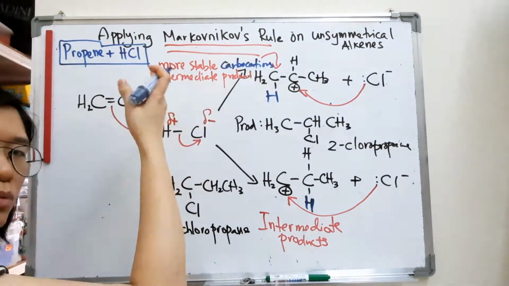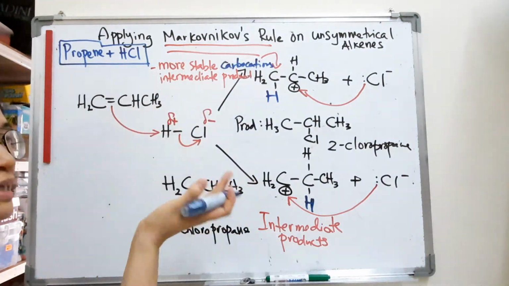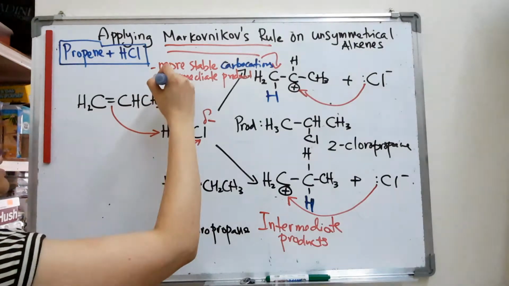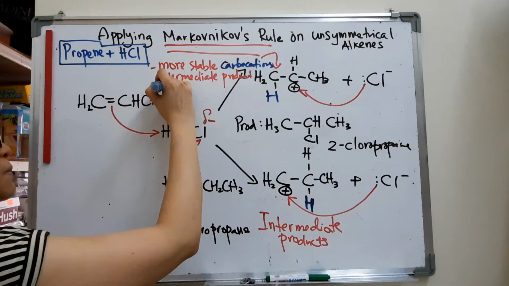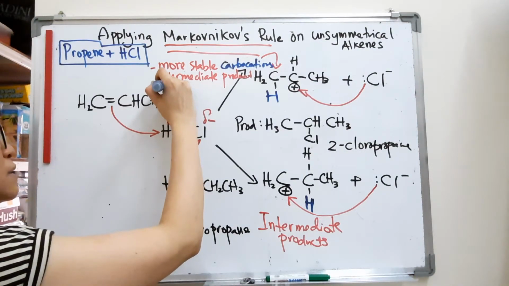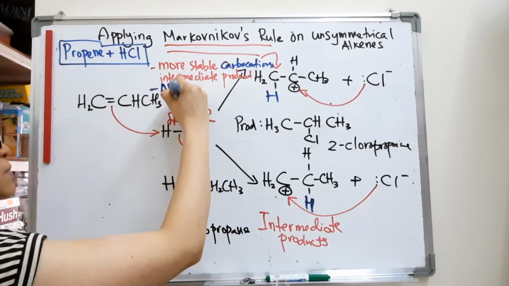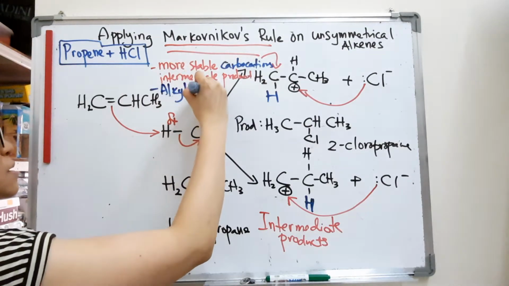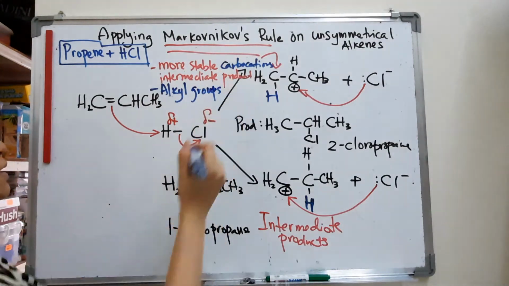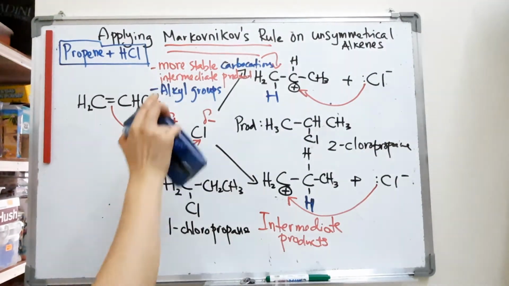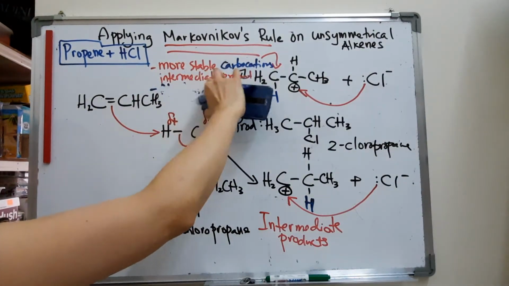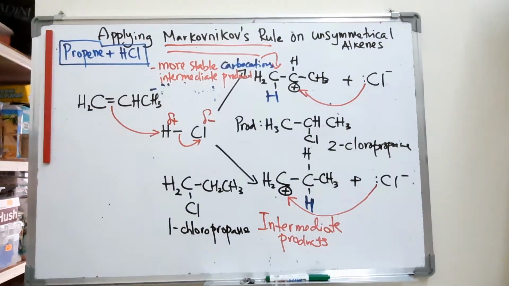Then you need to explain what Markovnikov's rule says. Markovnikov's rule says the alkyl group, okay. It's a bit messy, it's a bit crowded, so I'm going to just throw it right over here.